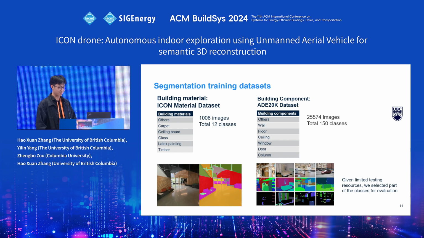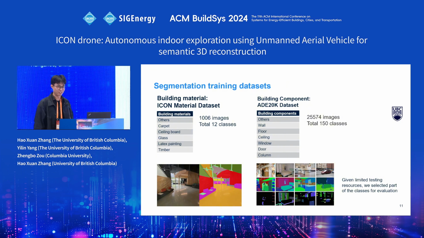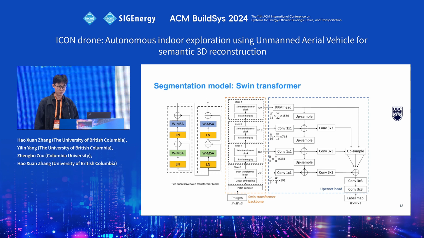Given that we are testing our pipeline with limited resources, we didn't use all the classes listed in the datasets. These are some of the classes we picked out for evaluation of our pipeline. For the segmentation model, we just use a very standard Swin Transformer, so there's not much to talk about here.